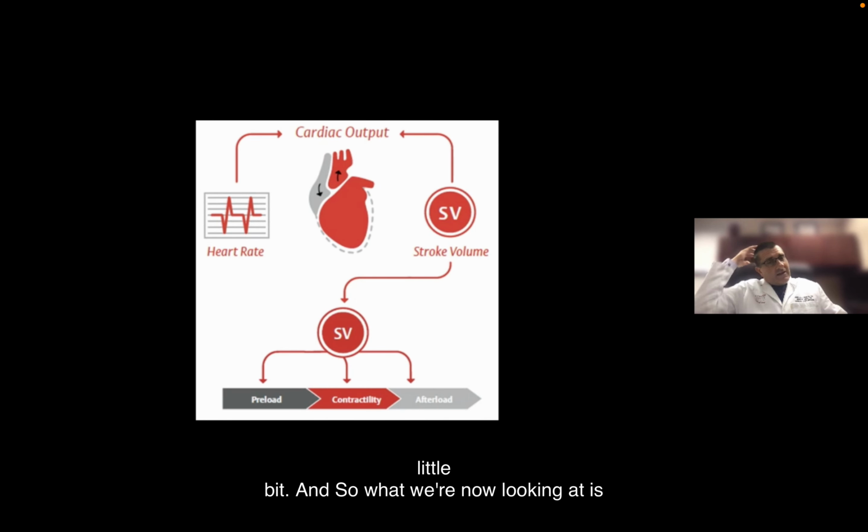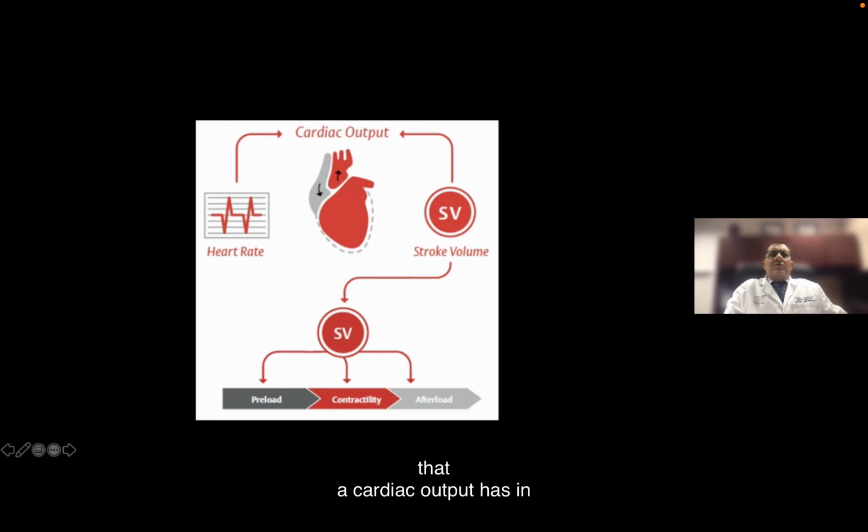And so what we're now looking at is that an arterial waveform has the ability to look at three variables all at once in their interaction, depending upon your setting.